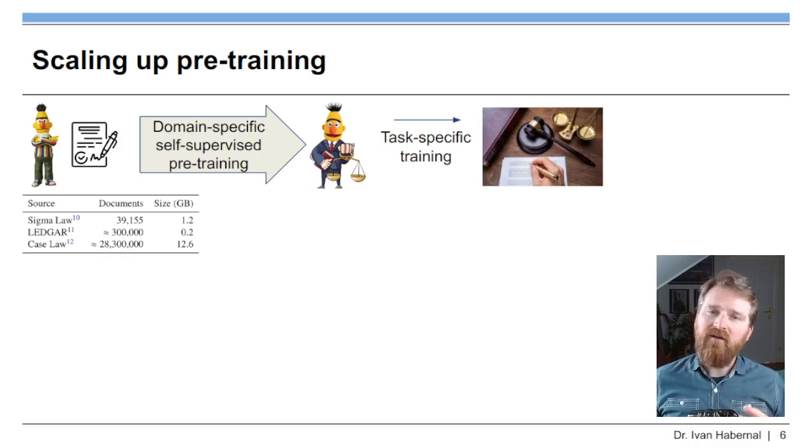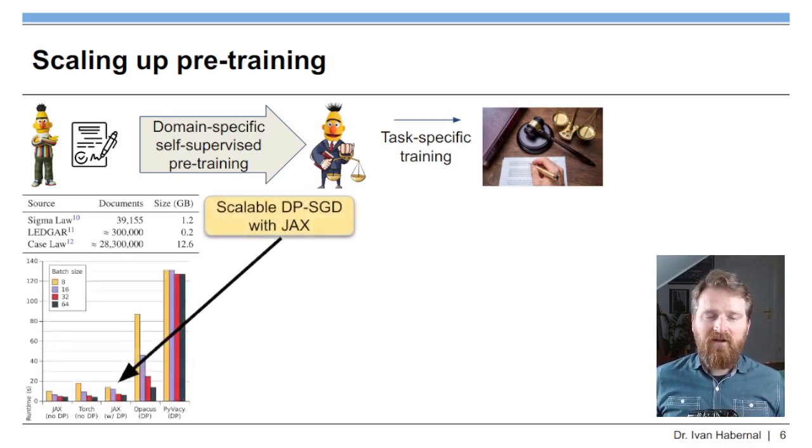But for that, we need to use differential privacy. If you use differential privacy in stochastic gradient descent out of the box using existing frameworks such as Opacus or PyVacy, it won't scale. You cannot really pre-train on this large data set. It will take months or years.